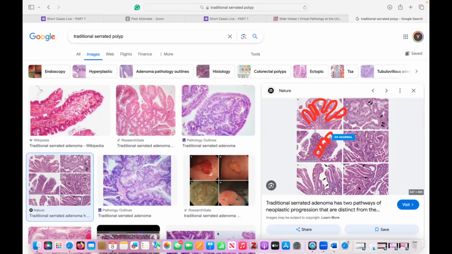One more characteristic that they have is these daughter crypts. You can see these daughter crypts. This is the long axis of the villus, and this is the epithelium. So there will be epithelial invagination like this. It's like they are forming mucin crypts inside.